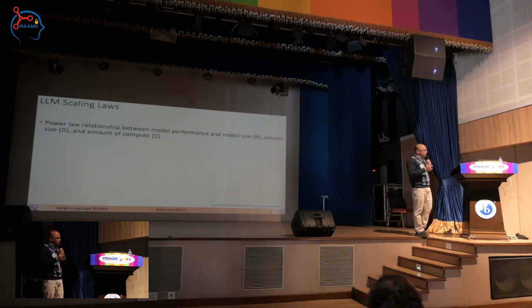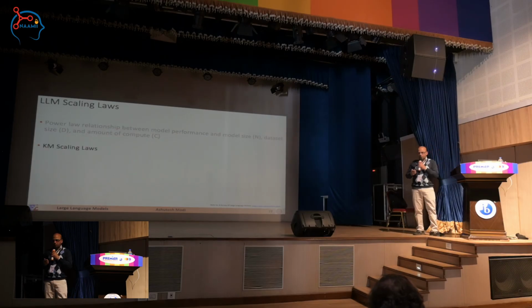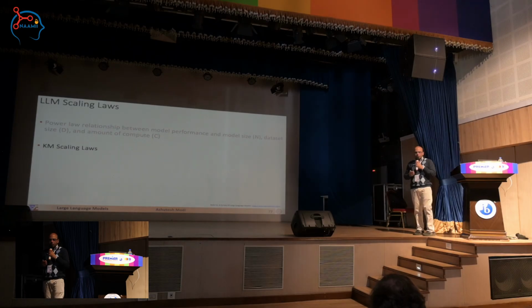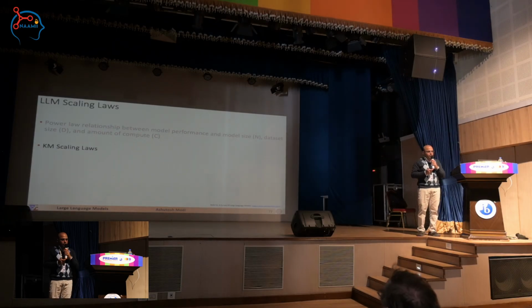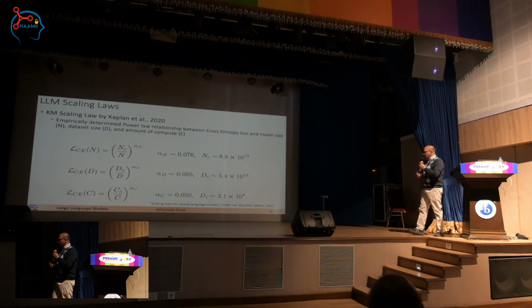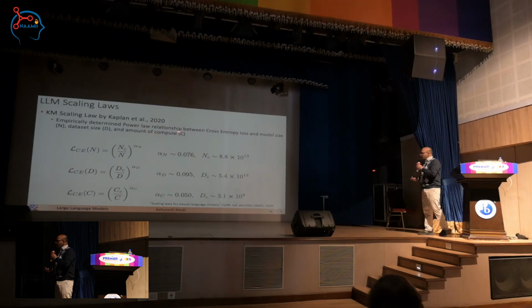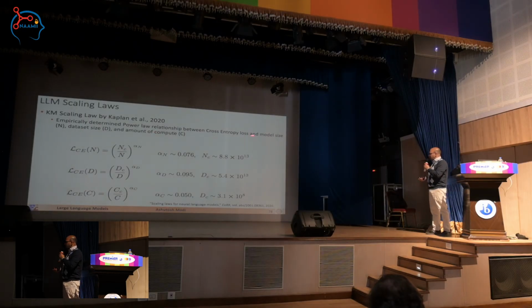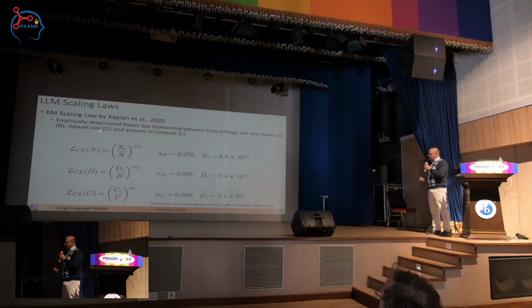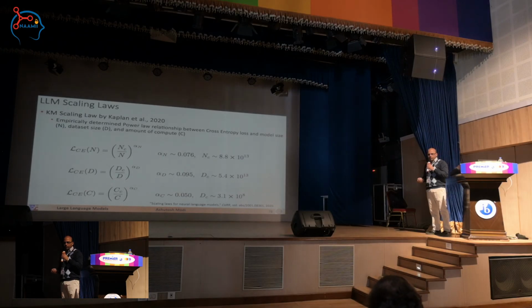In fact, there are two types of scaling laws which have been proposed. The first one is called the KM scaling law. It gives a power law relationship between cross entropy loss, the size of the model, the data set size, and the amount of compute.